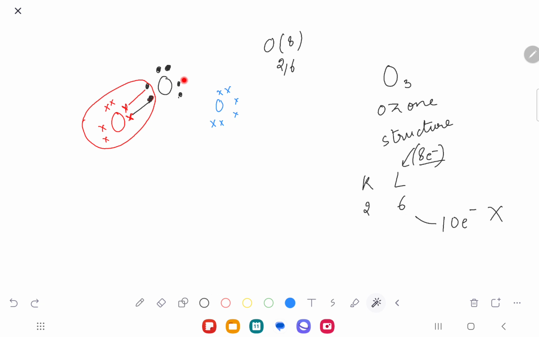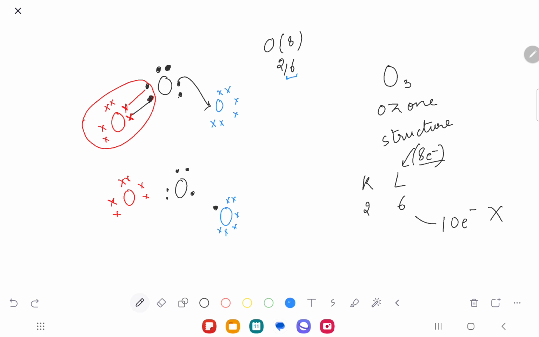The black one will donate its one electron to the blue oxygen. So the situation would look something like this: 1, 2, 3, 4, 5, and 6 with the blue one. The blue oxygen has 6 electrons in its own valence shell and one black electron coming from the black oxygen. The red oxygen is actually sharing its 2 electrons.